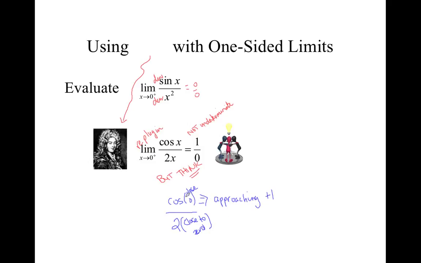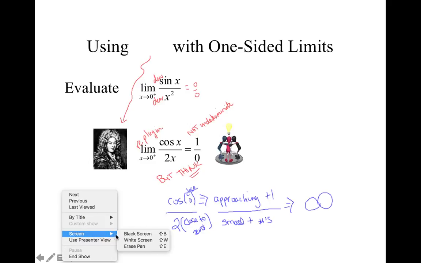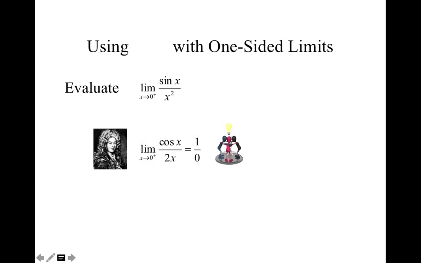So I have a numerator plugging in numbers close to 0 to cosine, which means my values are approaching positive 1. But here I'm multiplying 2 times positive numbers, but really, really small. So aren't I getting really, really small positive numbers? Your numerator is staying close to 1, but your denominator is getting smaller and smaller and smaller, but positive. What is this behavior? That behavior is going to positive infinity. Crazy, right? You do actually have to think.